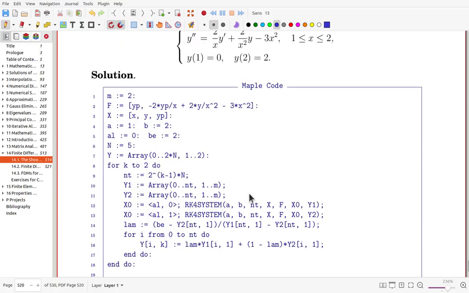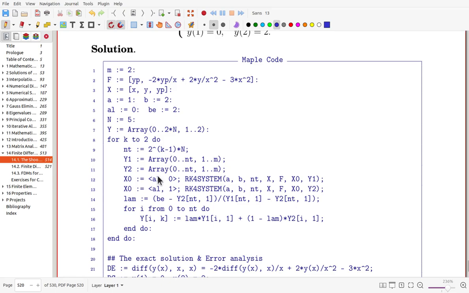Each time, we solve the problem like an initial value problem: first alpha is 0 and slope is 0, and the second time we solve with alpha 0 and slope 1, and the results will be y1 and y2.